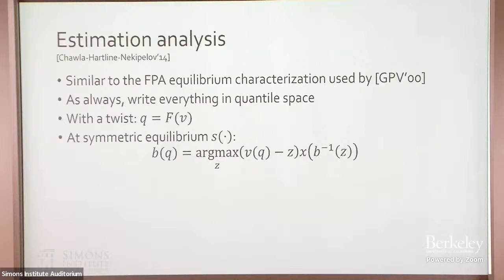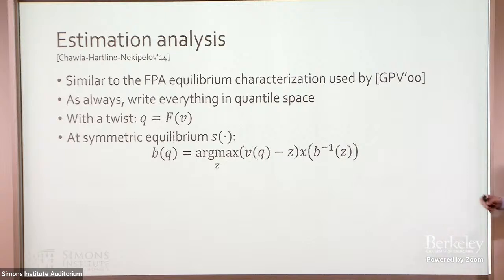The reason why this is useful is, first, there's a one-to-one mapping, and also because the auction only uses ranks, and the equilibrium is symmetric, this is really only what matters: what percentile of the distribution you are.